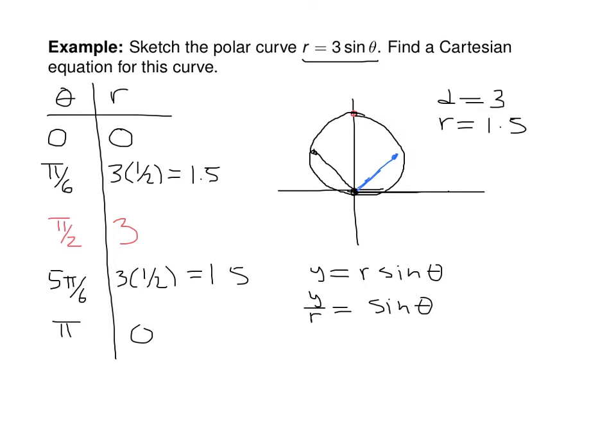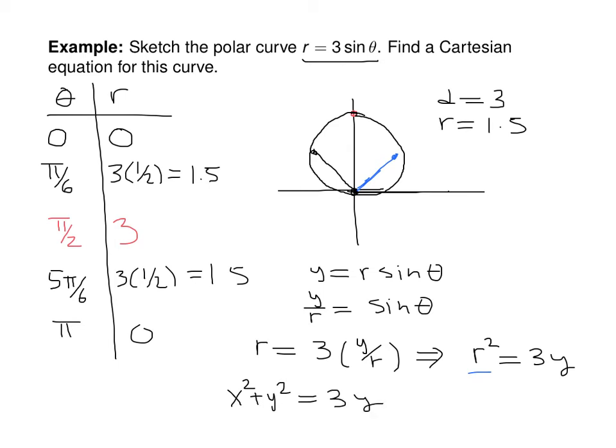So I can input y over r for sine theta, which gives us r equals 3 times y over r, or multiplying the r to the left side gives us r squared equals 3y. And then we know that r squared is x squared plus y squared, so x squared plus y squared equals 3y.